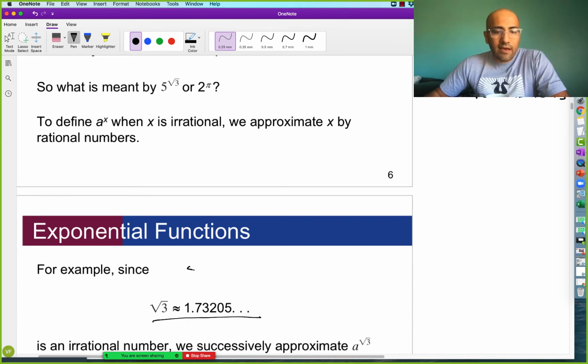So if we want to find 5 to the root 3 power, first, what is 5 to the first power? That gives us a solid answer, though not exactly the one we want. Let's think about 5 to the 1.7. Well, that's a rational number. That's 5 to the power of 17 over 10.